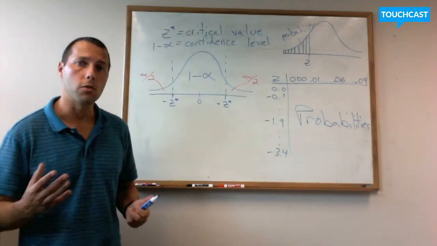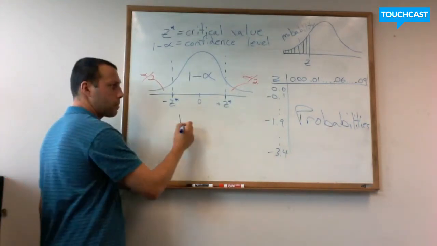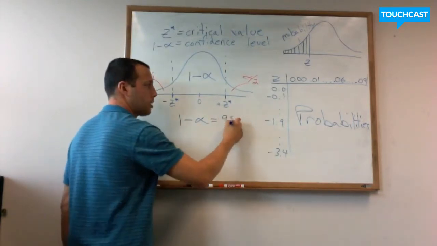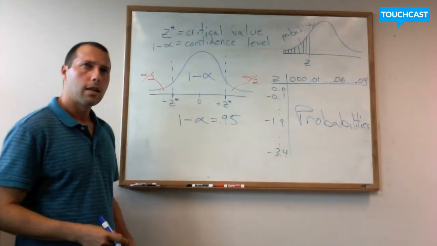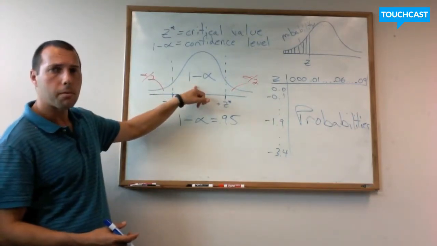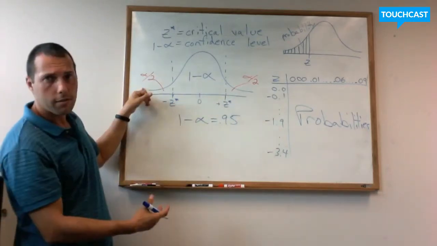We're going to do this through an example. I want a 95% confidence interval. So that means that 1 minus alpha is 0.95. And that means that if there's 95% in the middle, there has to be 5% outside of the middle, or 0.025 in one tail.